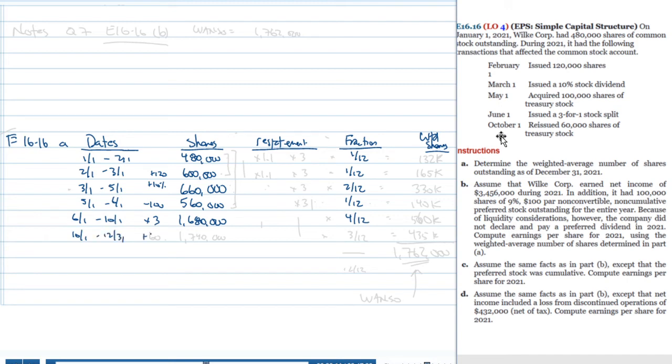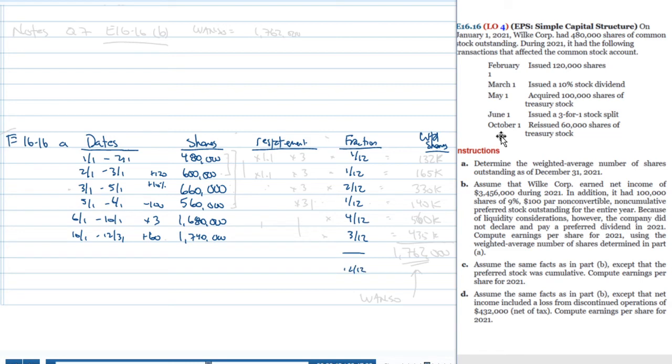So it's going to be plus 60,000. And so that's going to bring us up to 1,740,000. And 10, 11, 12, that's 3/12. So add up our numbers, 1, 2, 3, 4, 5, 6, 7, 8, 9, 10, 11, 12. Yep, so we have 12 twelfths in our year, so we've got all of our months accounted for.